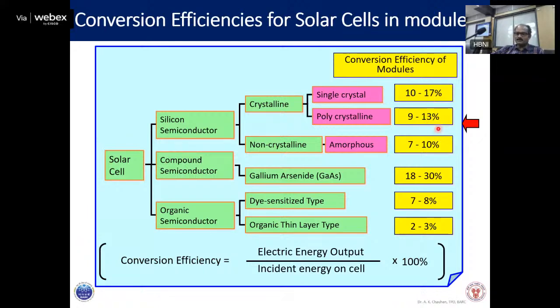For polycrystalline, 9 to 13%. For amorphous, it is even less, somewhere 4% to 10%. For compound semiconductors, it is 18 to 30%. For organic semiconductors, some modules are available, but their long-term stability is not yet proven. Efficiency is nearly 7 to 8%, and 2 to 3% for the organic bulk heterojunctions.